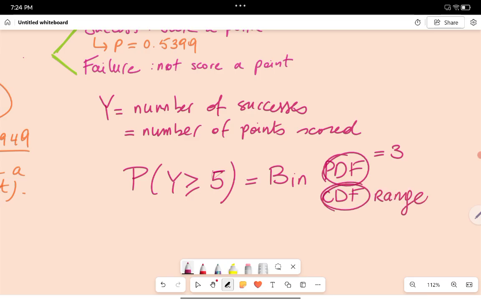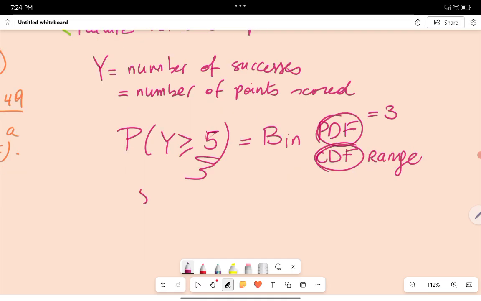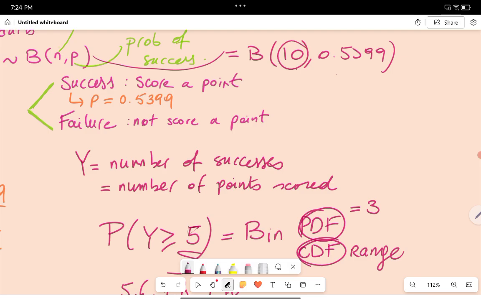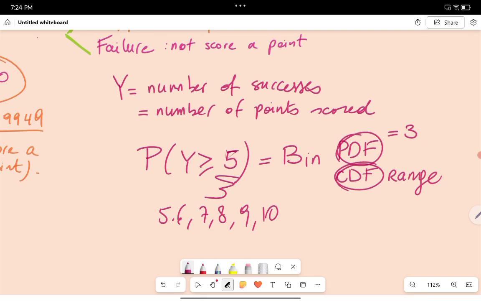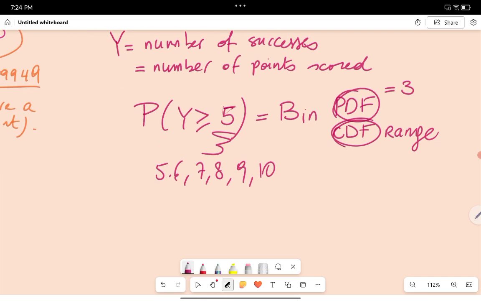Now we're looking at a range because we want at least 5. So y could be 5, 6, 7, 8, 9, 10, because y is up to 10. We've got 10 trials, 10 turns. So the number of points scored can be max 10.